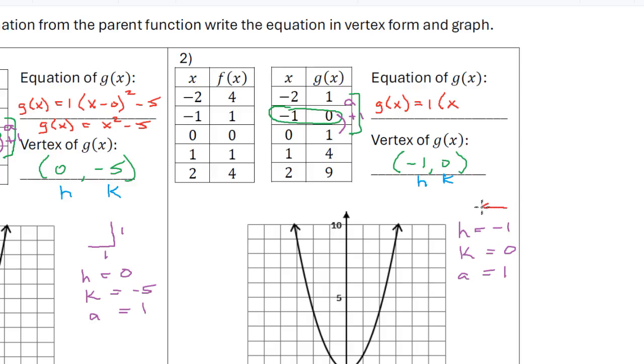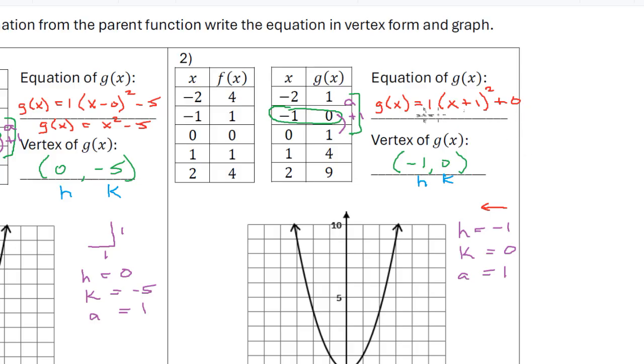And that means in our equation, we're going to see that as an opposite sign. So that's going to be +1, always the opposite sign. There's our squared. And then our k value, we'll just go ahead and write this down, +0.